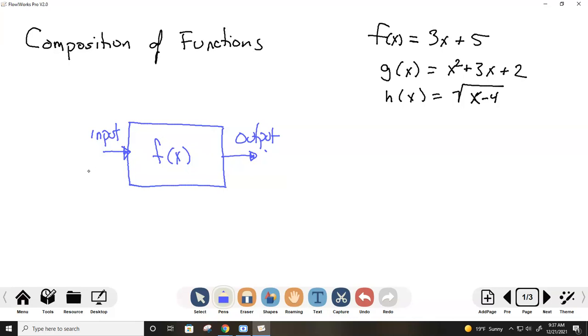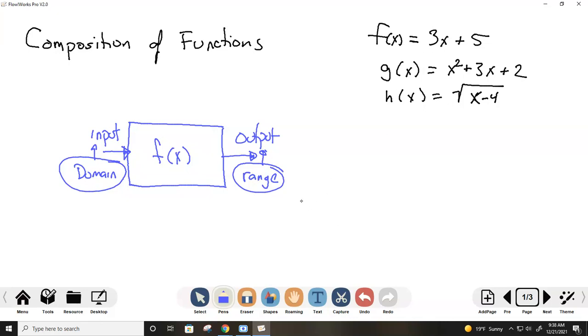The values that we can plug in as our input is what we call the domain. The domain is the list of all of the values that can be the input. The output, all of those values, we call the range. The output is going to be a number that's in the range.